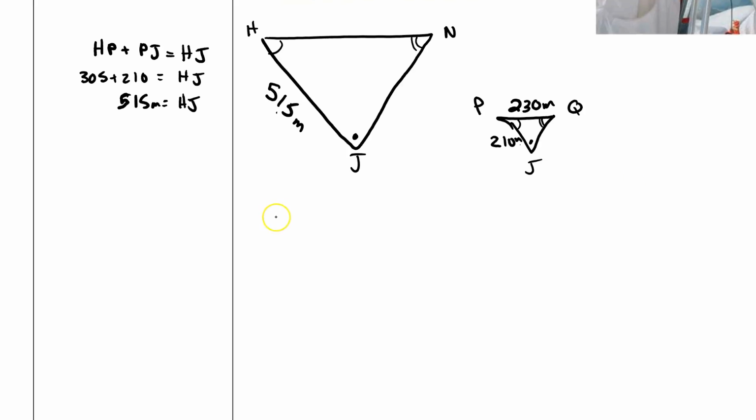So I would say that HJ over the corresponding side, which is PJ, if they're similar, which they are, because we know that all the angles are equal, HJ is the same thing as PJ, and then HN over PQ.